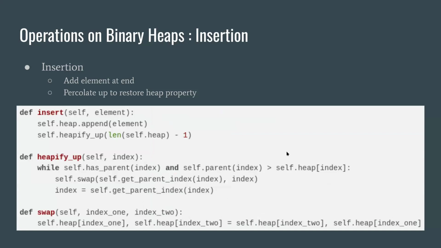Operations on binary heaps. So let's talk about some basic operations that can be performed on binary heaps. The first operation is insertion. In order to insert a new element, we'll need to add the element at the end of the heap and then compare it with its parents by calling heapify up.